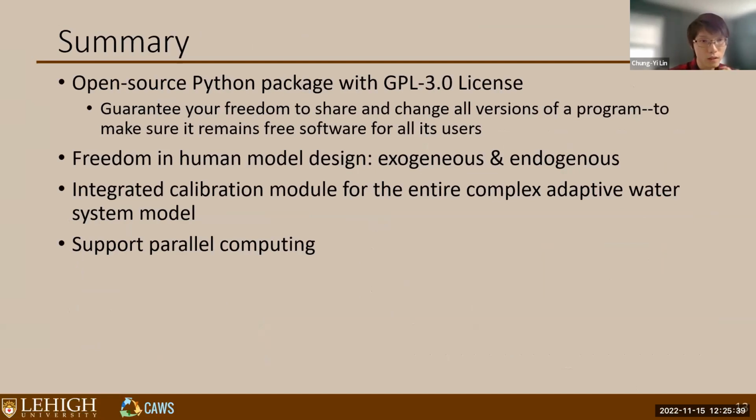HydroCIVS lets users freely incorporate exogenous or endogenous human components into the hydrological simulation. And we also support an integrated calibration module to calibrate the hydrological model as well as the user-defined human model altogether. And we support parallel computing for large scale studies.